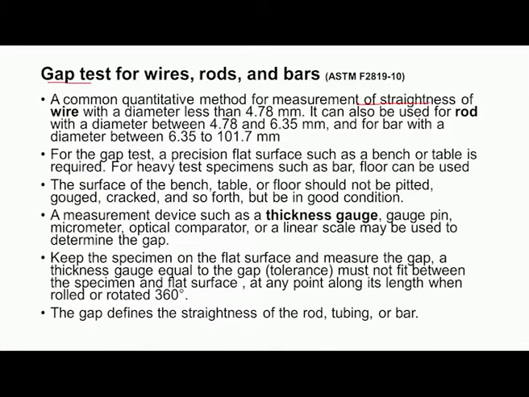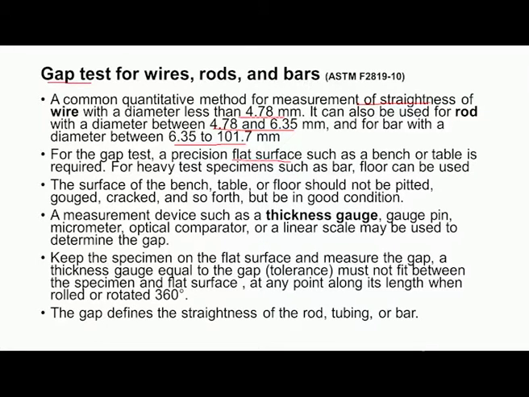So, this is applicable for wires less than 4.78 millimeter. It can also be used to check the straightness of rods within the range 4.78 to 6.35, and for bars with the diameter ranging from 6.35 to 101 millimeter. Now, in order to conduct this gap test, a precision flat surface is needed.